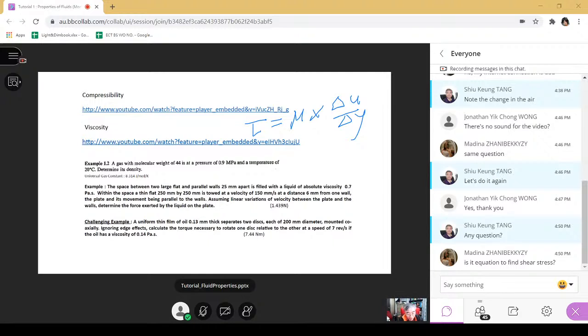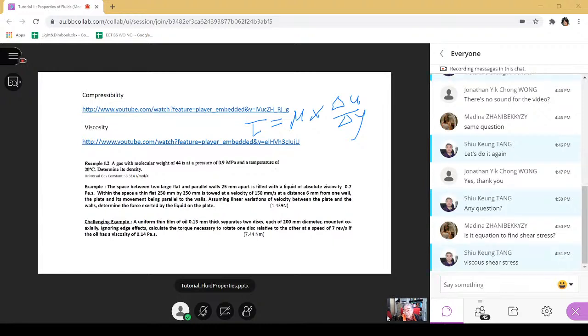It is shear because the velocity of fluids is different. If you imagine that inside a fluid we have one layer moving faster than the other one, then there is a shear. And this equation helps us to calculate the shear stress due to viscosity. Thank you so much for your questions.